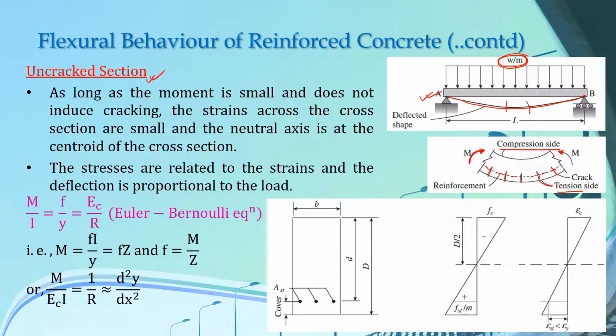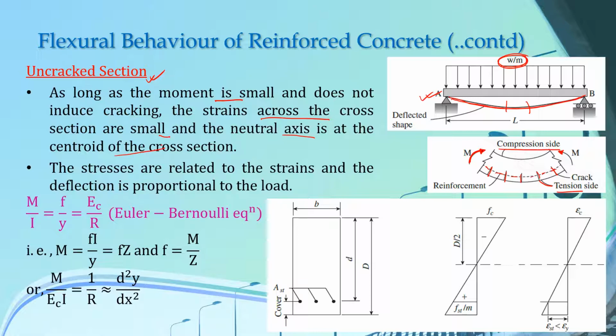Under the application of this moment, the beam deflects and such a deflected shape is created. As long as this moment is small and does not induce cracking, the strains across the cross section are small and the neutral axis is at the centroid of the cross section.